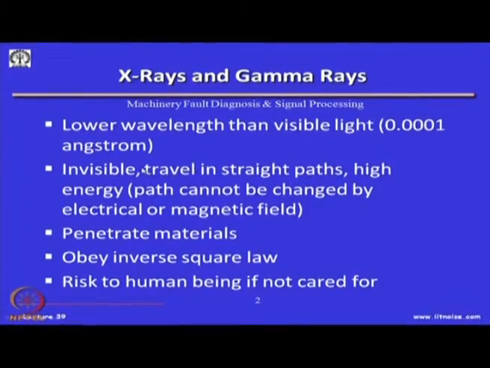They travel in a straight line and contain high energy. And the best part is they cannot be deflected or changed by the presence of any electrical or magnetic field.